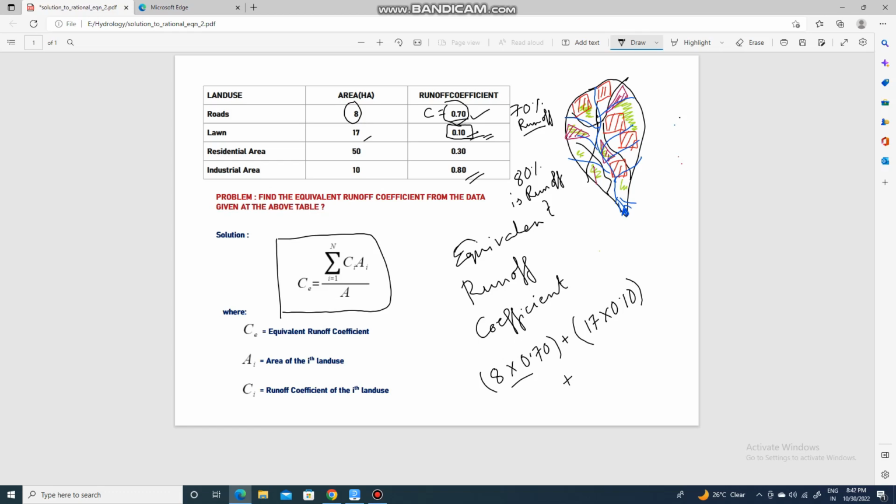Next is residential area. So multiply area by runoff coefficient, 50 into 0.3. And then again the last type of land use, industrial area, 10 hectare into 0.80 runoff coefficient.